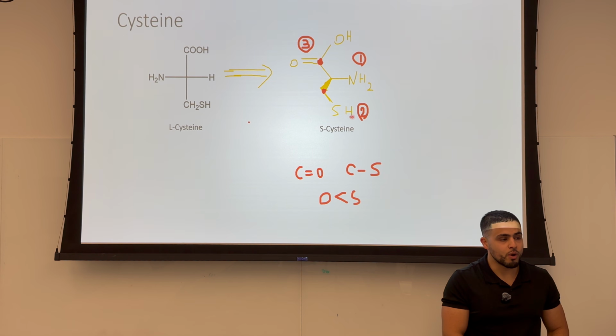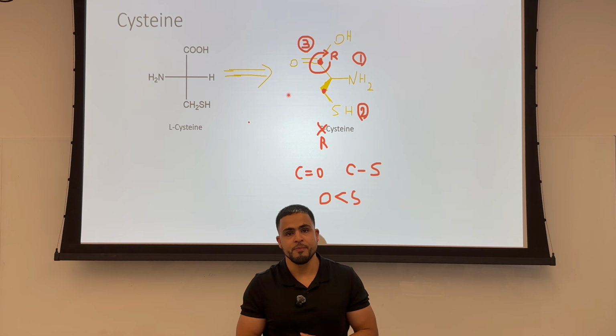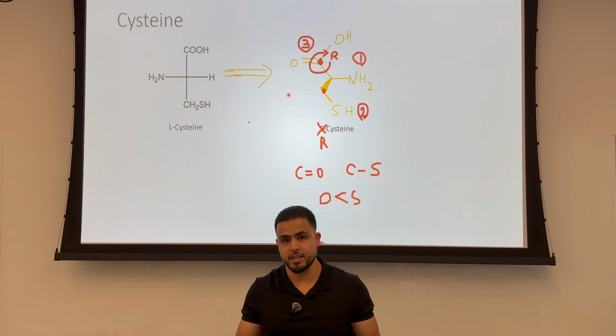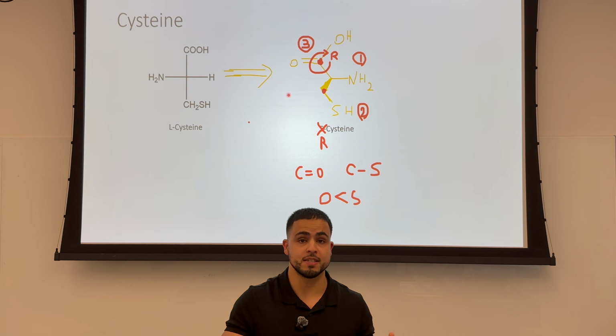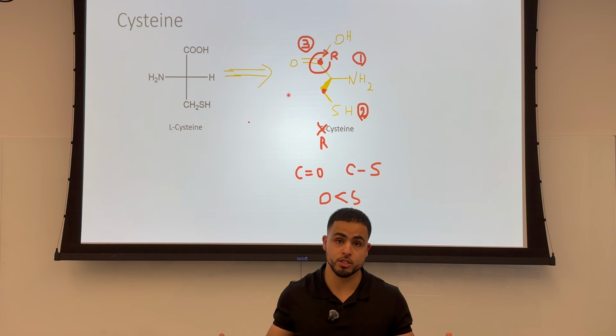And so that's why the L form of cysteine will actually be rotating towards the right, or if you're at the 12 o'clock position, you're going towards the right, a clockwise rotation, then it's R-cysteine. So you need to remember this. If they ask, for example, is S-cysteine biologically active? Will it be incorporated into human proteins?